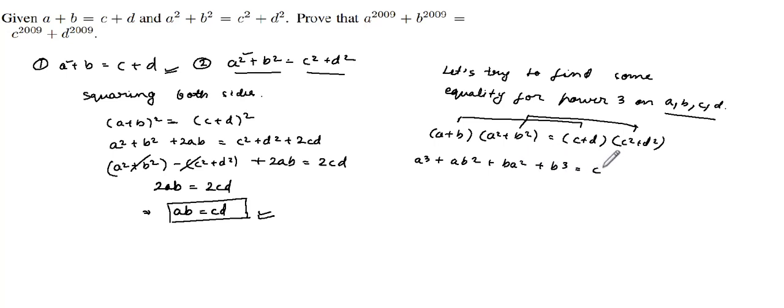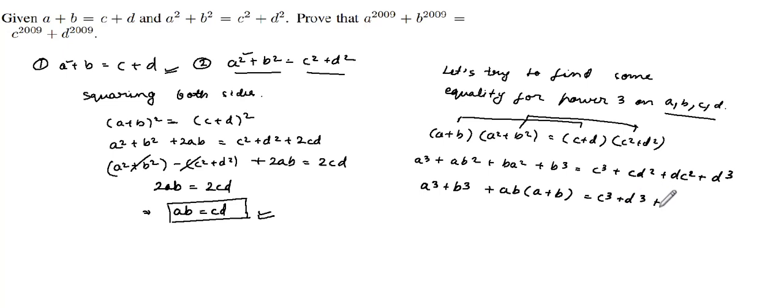On the right hand side we will get a similar thing: c cube plus cd square plus d c square plus d cube. If we just rearrange it a bit, we will get a cube plus b cube plus ab(a plus b) on the left hand side, and c cube plus d cube plus cd(c plus d) on the right side.